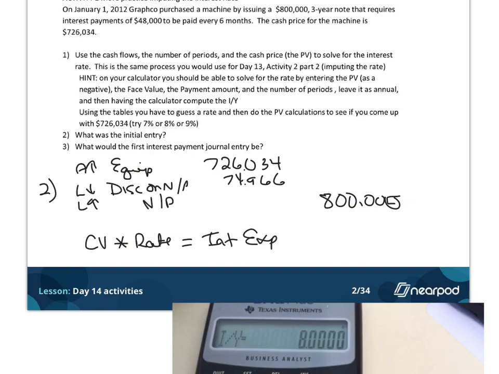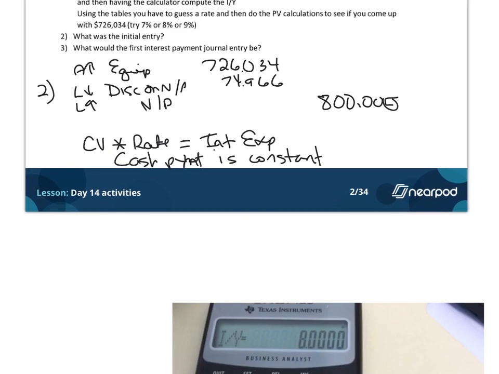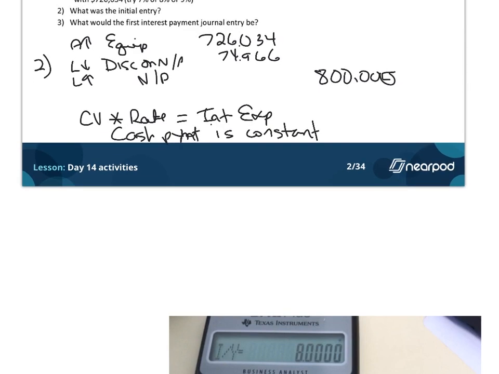The cash payment is constant. Payment, oof, man, my writing's bad, is constant. And we use those to figure out the journal entry, and any difference goes to amortize the discount. So just to finish out this activity, whoops, let me move that up out of the way.